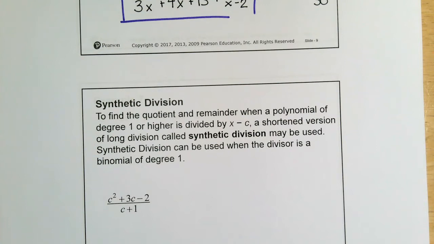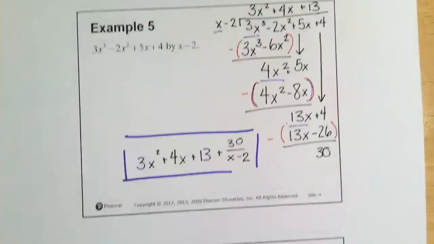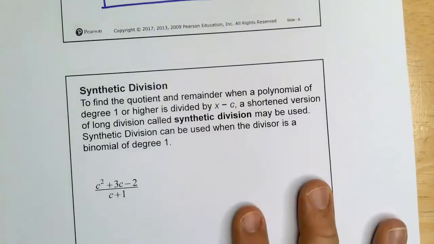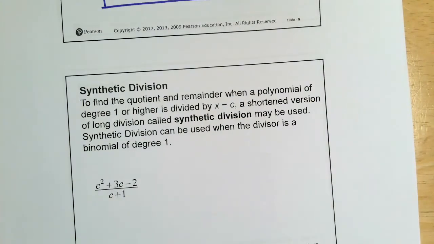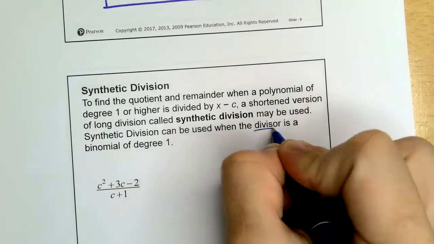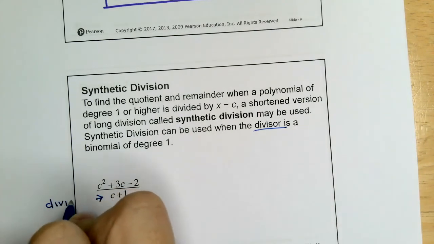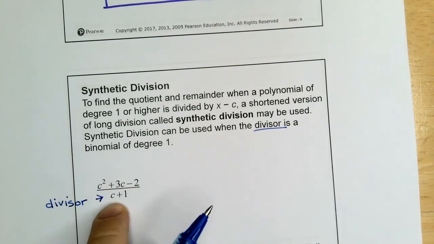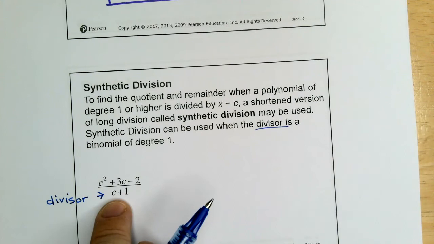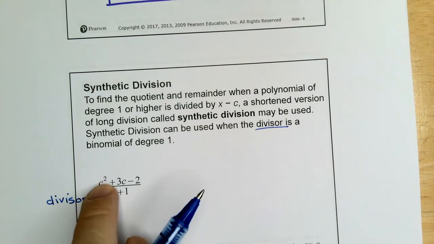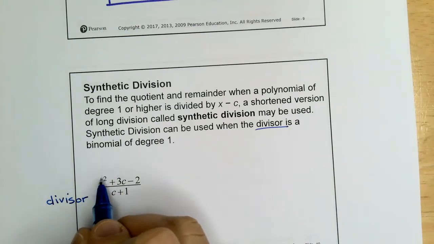Okay. So to find the quotient and remainder, that's these guys. When a polynomial of degree 1 or higher is divided by x minus c, a shortened version of long division called synthetic division may be used. It can be used when the divisor is a binomial of degree 1. When they say divisor, they mean this guy. This polynomial cannot have any higher exponent.